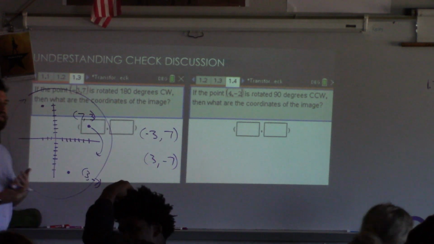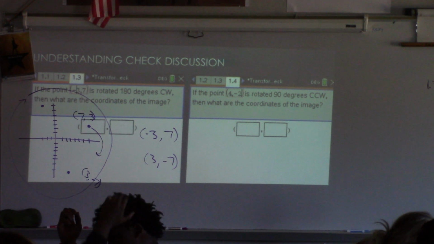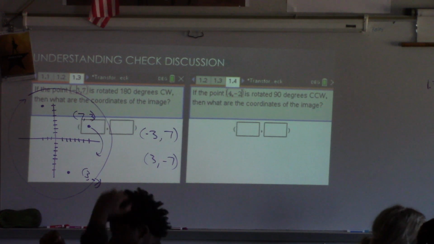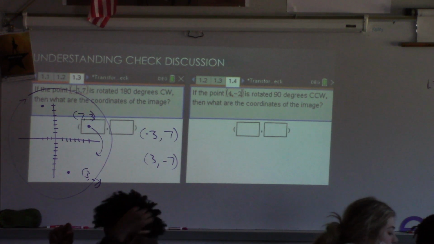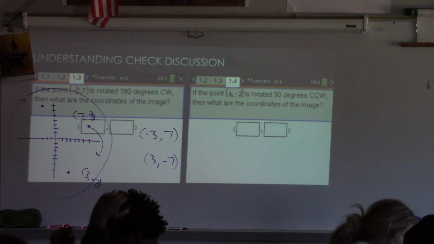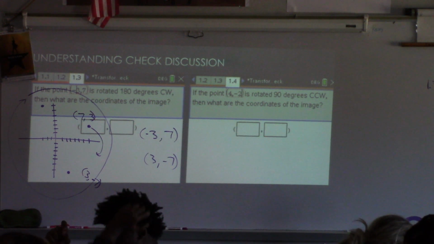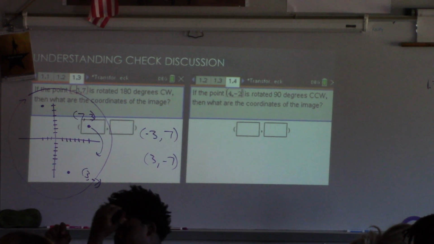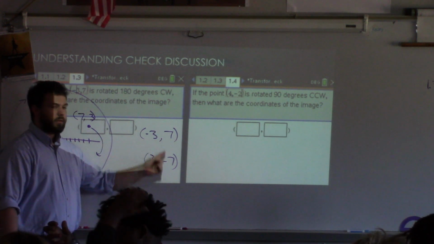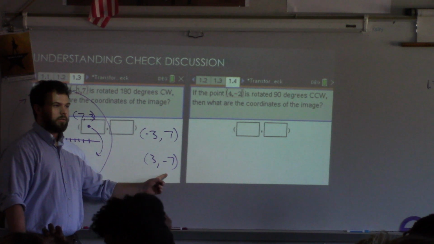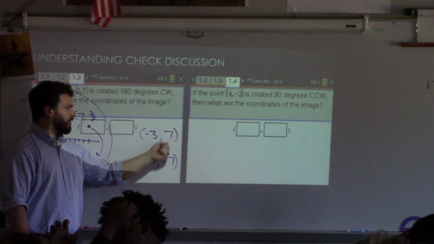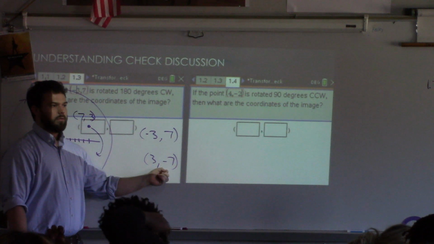When it's a 180-degree rotation, and we talked about this in class, what can you do with a 180-degree rotation instead of having to go through both of those steps? Was it just a negative on the y? Just the opposite of the y?